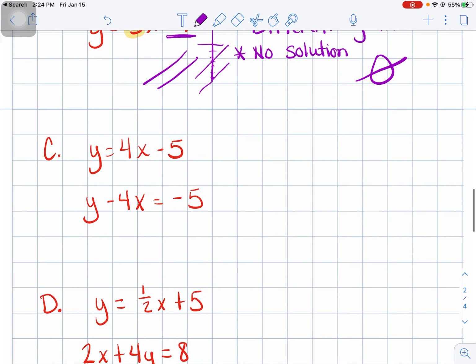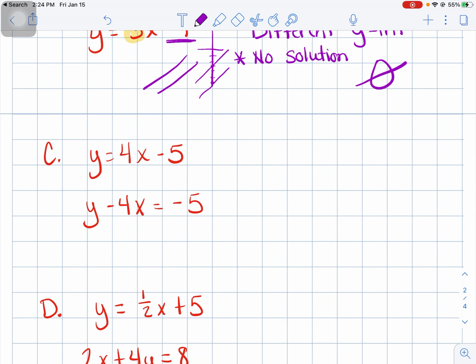All right, let's look at another one. Notice this one, one's in slope-intercept form and one is not. So the first thing before we can compare them using this strategy, we need to have them both in the same form. So I'm going to go ahead and put this one in slope-intercept form. So I end up with y equals 4x minus 5. Well, now if we compare our slopes, we have 4 and 4. So we have the same slope.